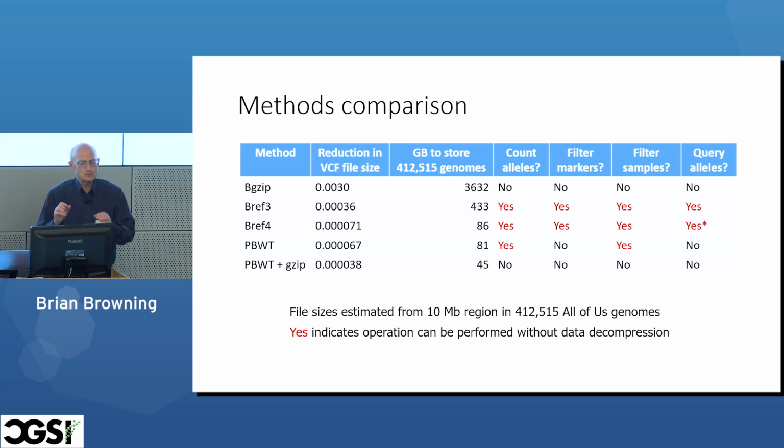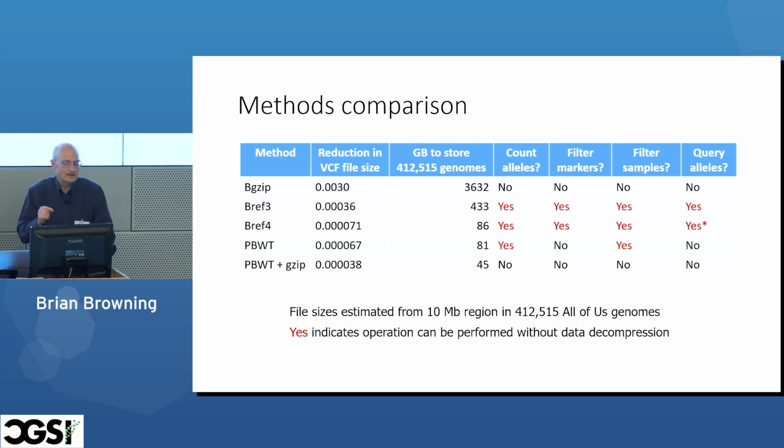And it's important to remember this 86 gigabytes is for the whole genome. Typically, you analyze just a chromosome at a time. So we're talking about 8 or 9 gigabytes at most per chromosome, and that's all that needs to be stored in memory. So then PBWT, and you see it has very similar performance to BREF4. 81 gigabytes for the whole genome.